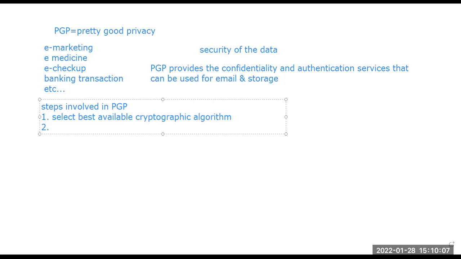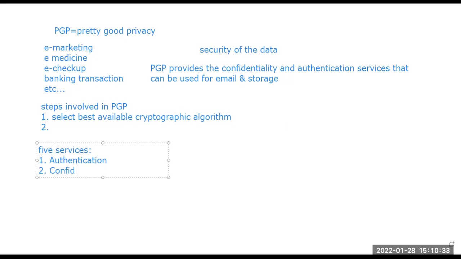Now, what is the operational description of PGP? The actual operation of PGP consists of 5 services. What are those 5 services? First one, authentication. Second one, confidentiality.